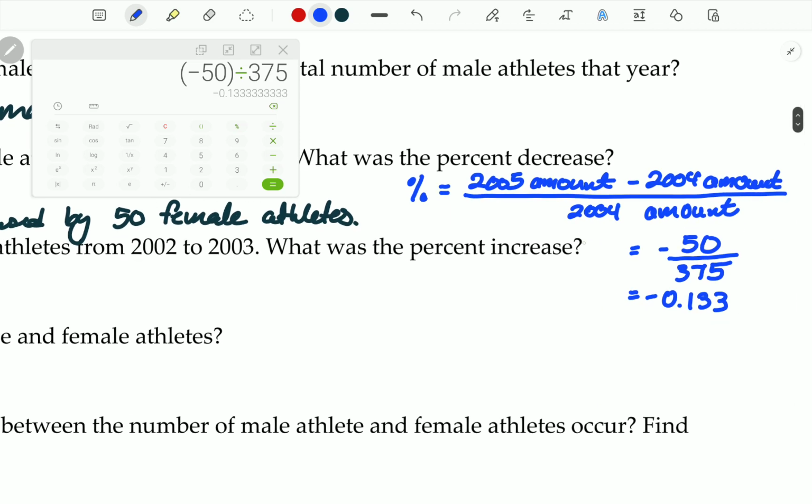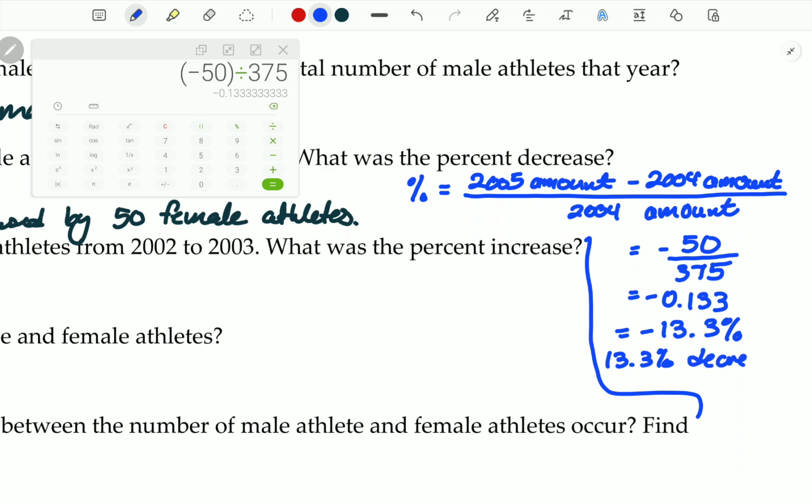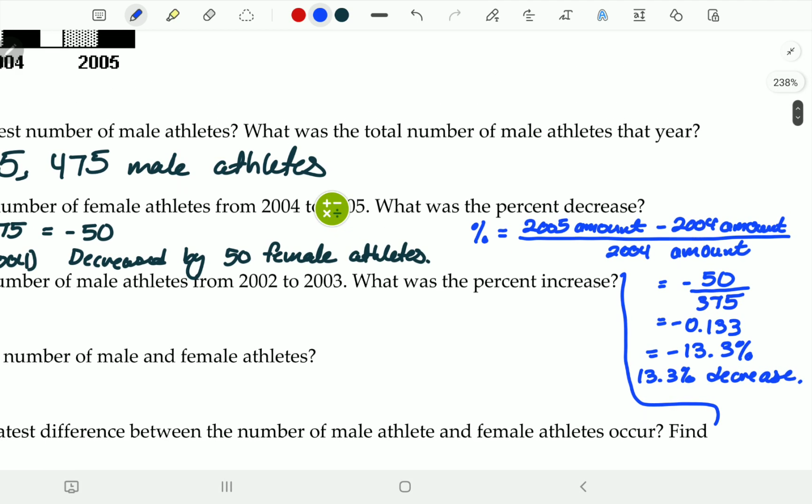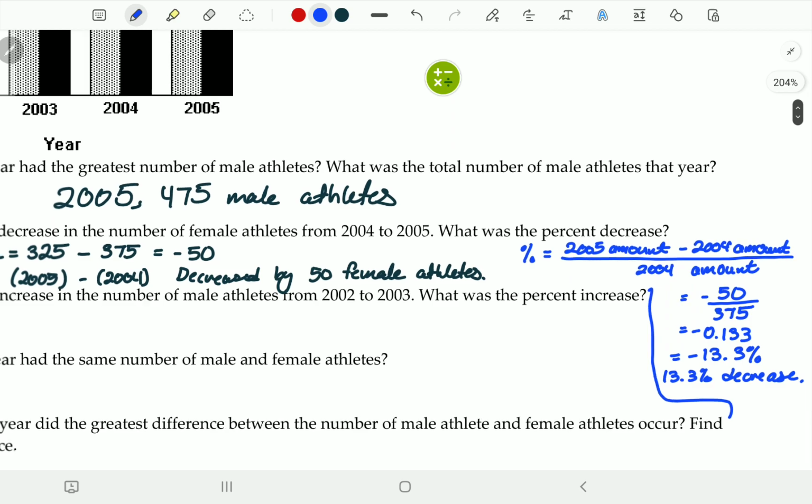Or we can say that this is negative 13.3%, which means there's a 13.3% decrease. And that is the answer for 10B.